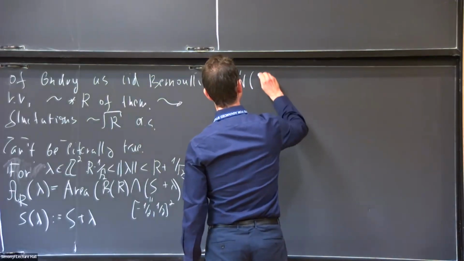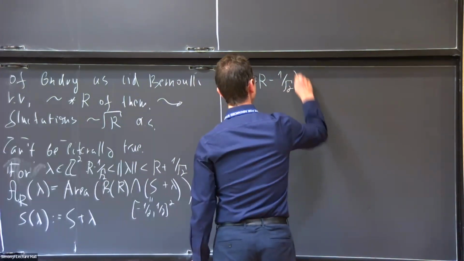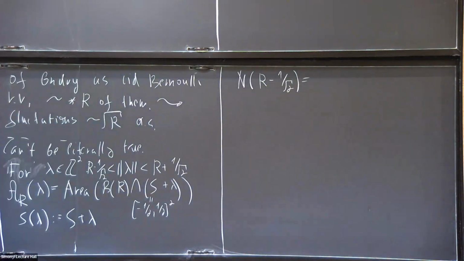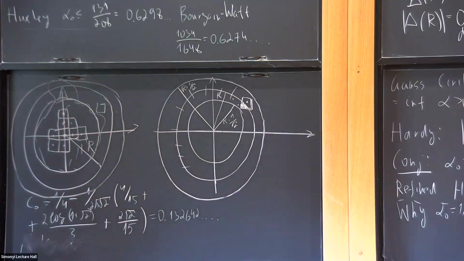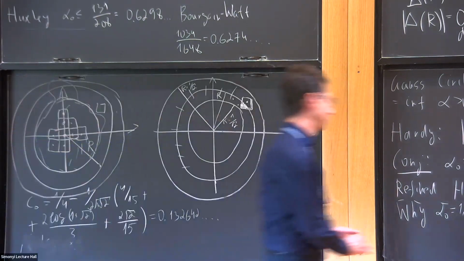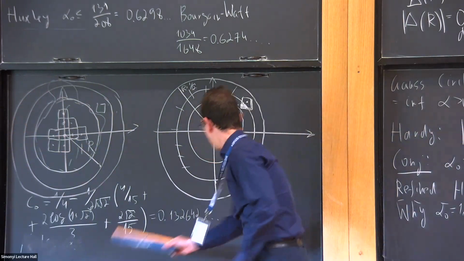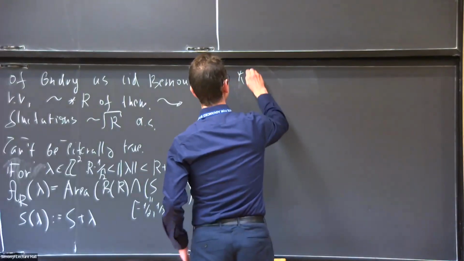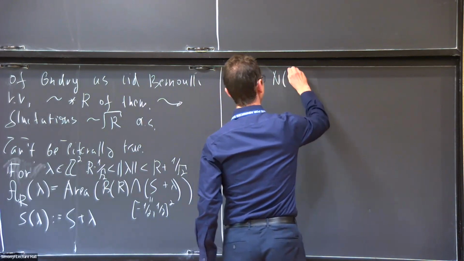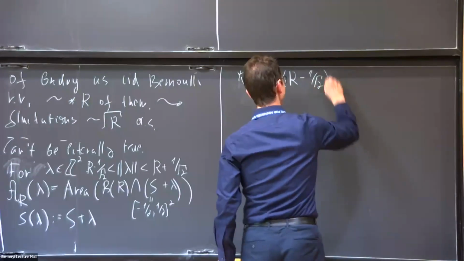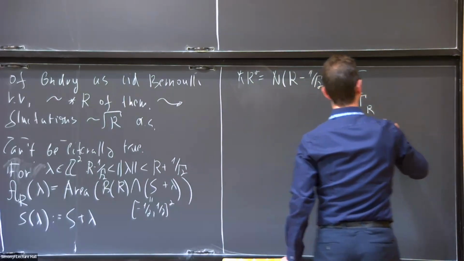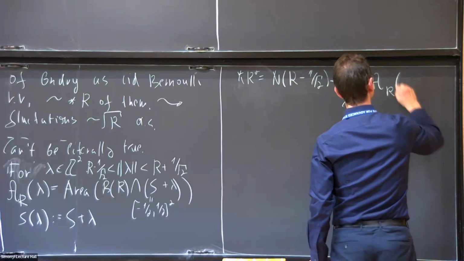N of R minus 1 over square root of 2, it's the other way around: pi R squared equals N of R minus 1 over square root of 2 plus the sum over lambda belonging to gamma R of A R of lambda.